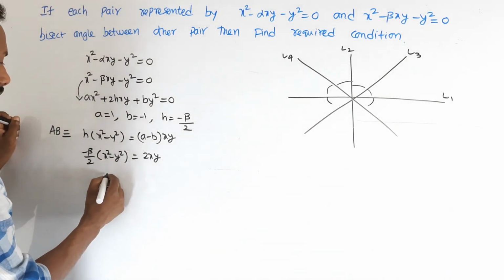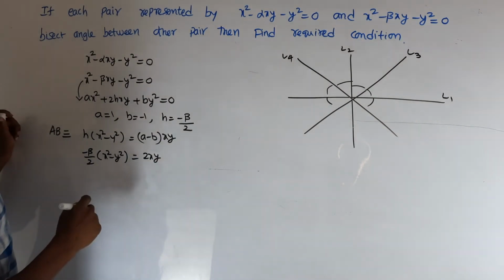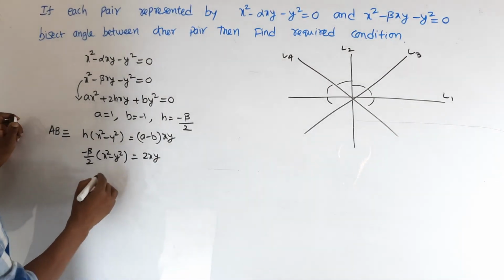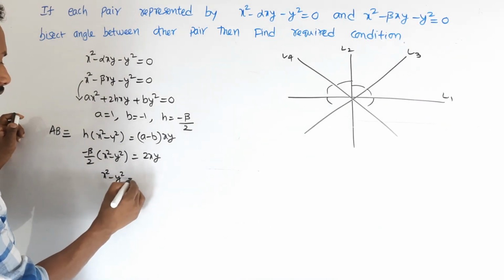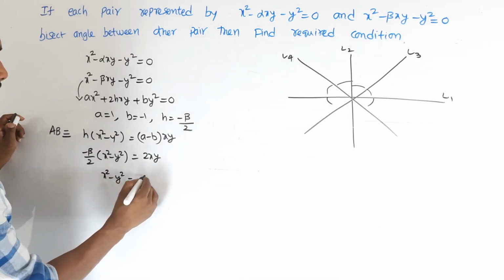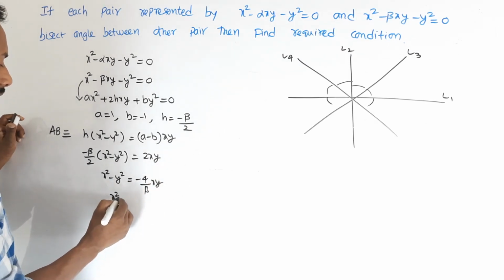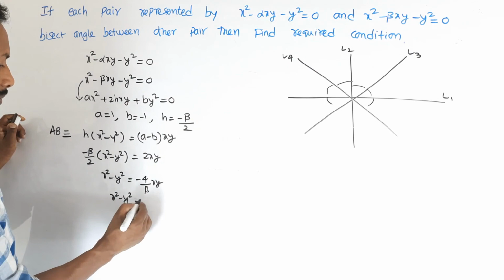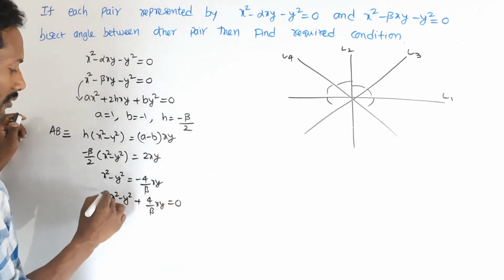Now x square minus y square equal to minus 4 by beta xy. x square minus y square plus 4 by beta xy equal to 0.